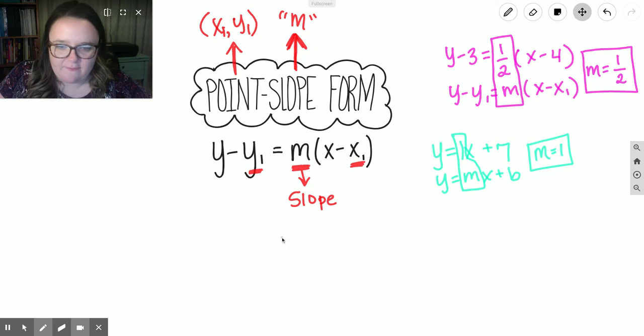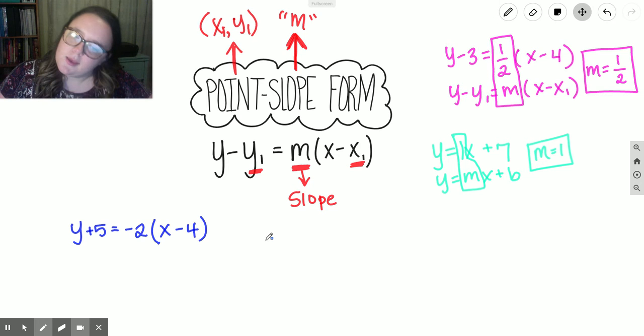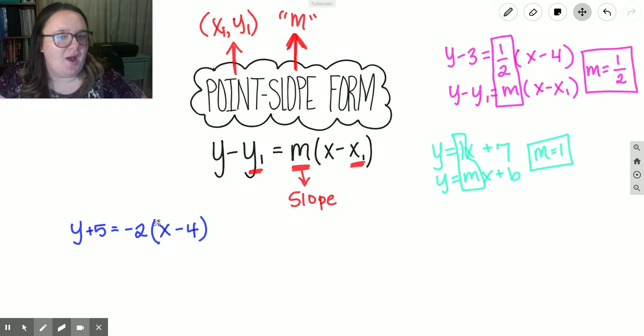What if I gave you, I'm going to draw right over here in blue, y plus 5 equals -2 parentheses x minus 4. Well, ask yourself, is it y equals mx plus b? Is it slope-intercept?